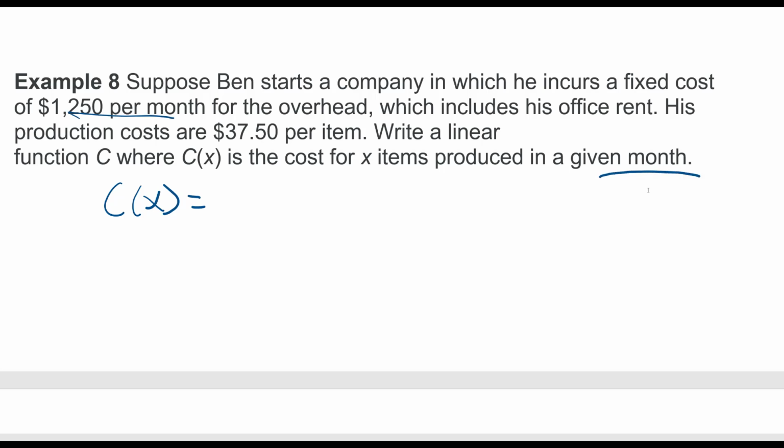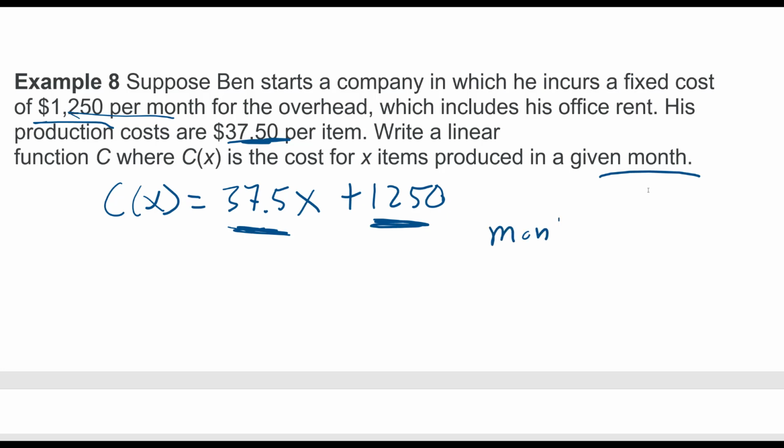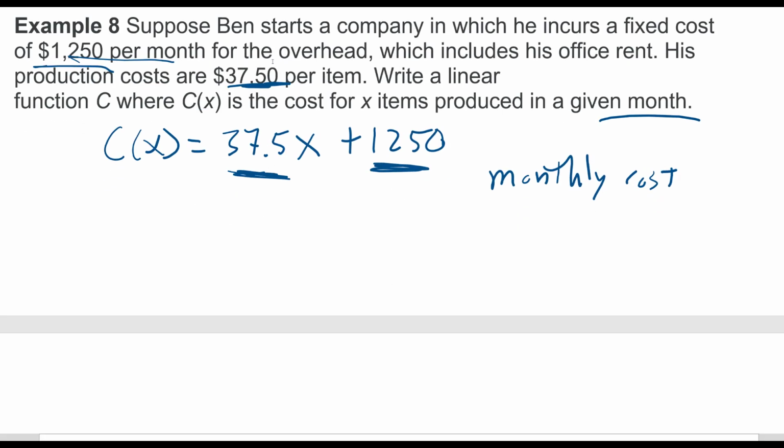So that's just a fixed cost per month. This is the cost per item. 37.5 times x items plus the fixed cost of the facility. So that's the per item cost and the fixed cost, and this would be a monthly cost. So the variable cost is this $37.50. That's the per item cost.